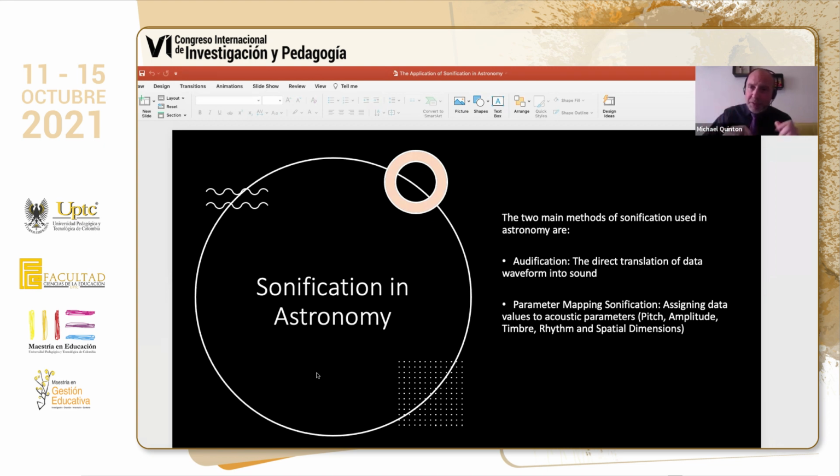You would probably have to shift the pitch of the frequency to bring it within the human audible range. But once you're able to do that, then you can hear how the earthquake is actually working. So that's the most simple form of sonification. It's used in astronomy a lot.